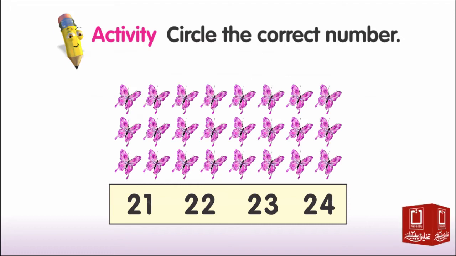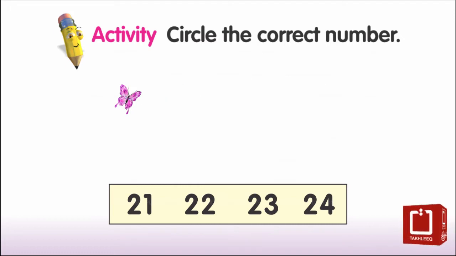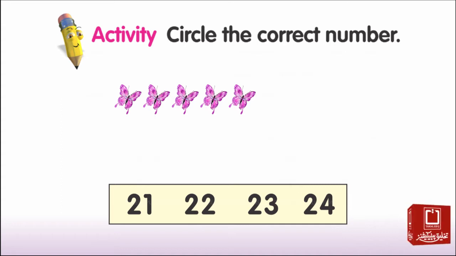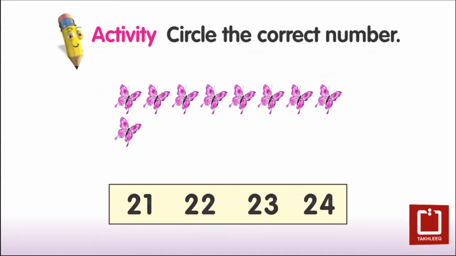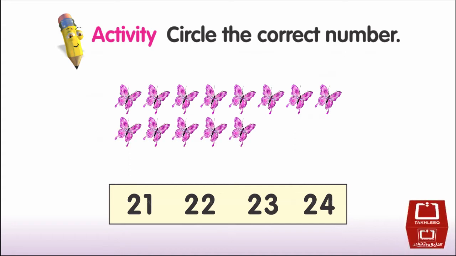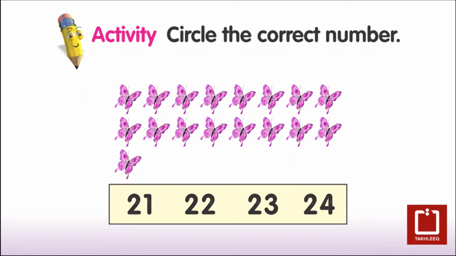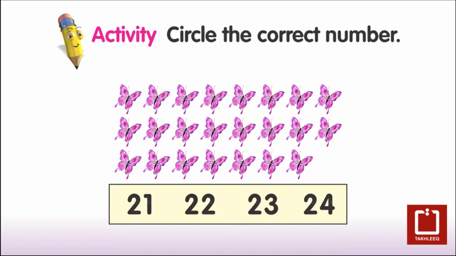We count the given objects 1, 2, 3, 4, 5, 6, 7, 8, 9, 10, 11, 12, 13, 14, 15, 16, 17, 18, 19, 20, 21, 22, 23 and 24.